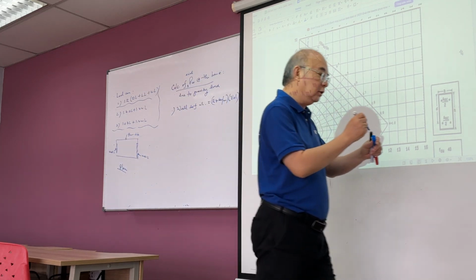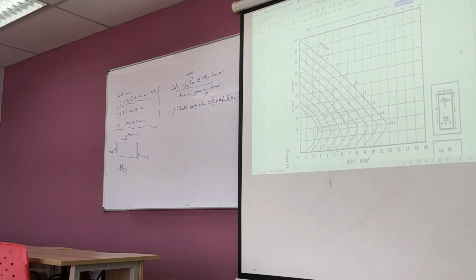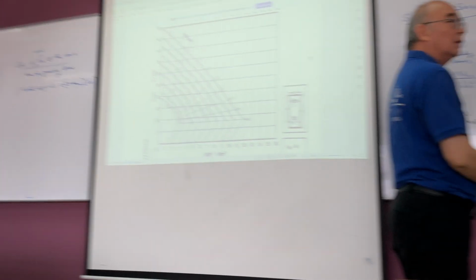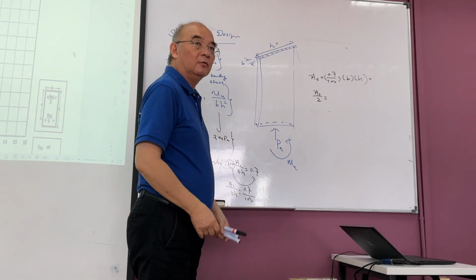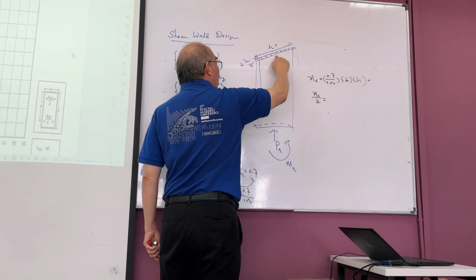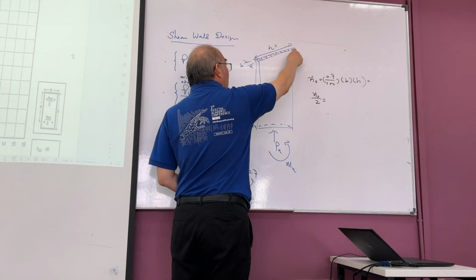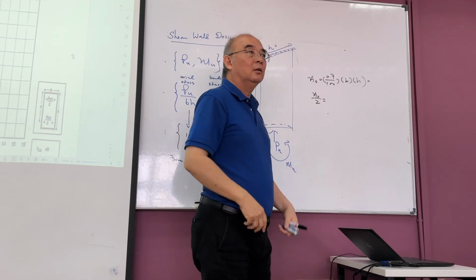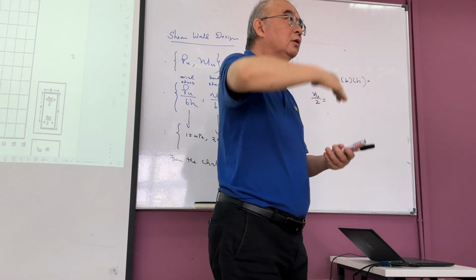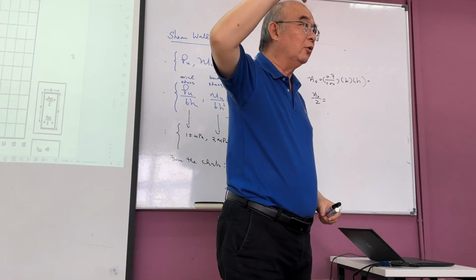So volume of the wall is what? First, you calculate the cross-section area multiplied by the height. Understand? Okay, that is a volume. Volume is cross-section multiplied by the height. So this height could be 50 meters, because you can be talking about 20 story, 30 story, right?